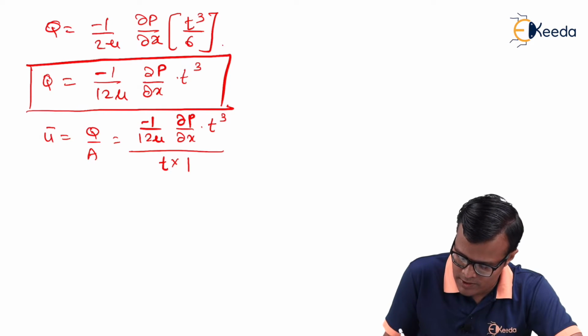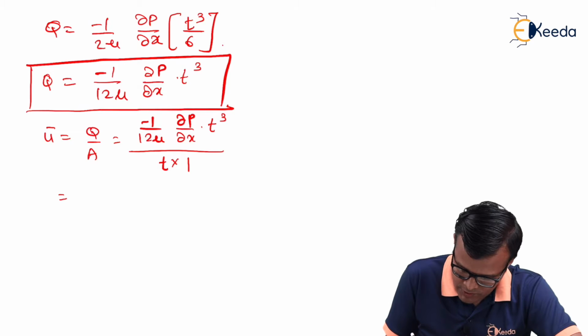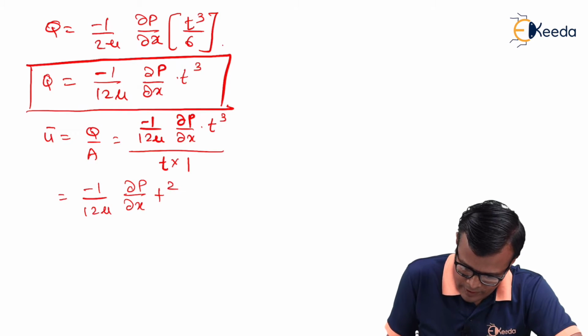So this t will just reduce the power of t by 1, so the equation will be u bar equal to minus 1 upon 12 mu del p by del x into t square.